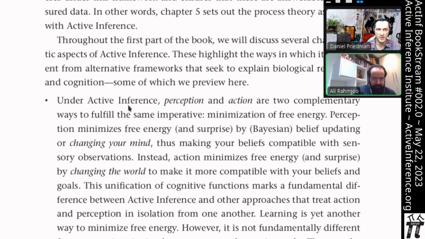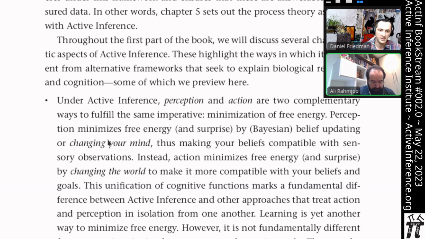They're then going to summarize some of the key points and distillations from that theory-heavy first section. One of them is that, as Ali mentioned, perception and action are complementary processes that fulfill the same imperative, free energy minimization. We sometimes summarize that by saying that in the pursuit of the minimization of free energy, agents can either change their mind or change the world.